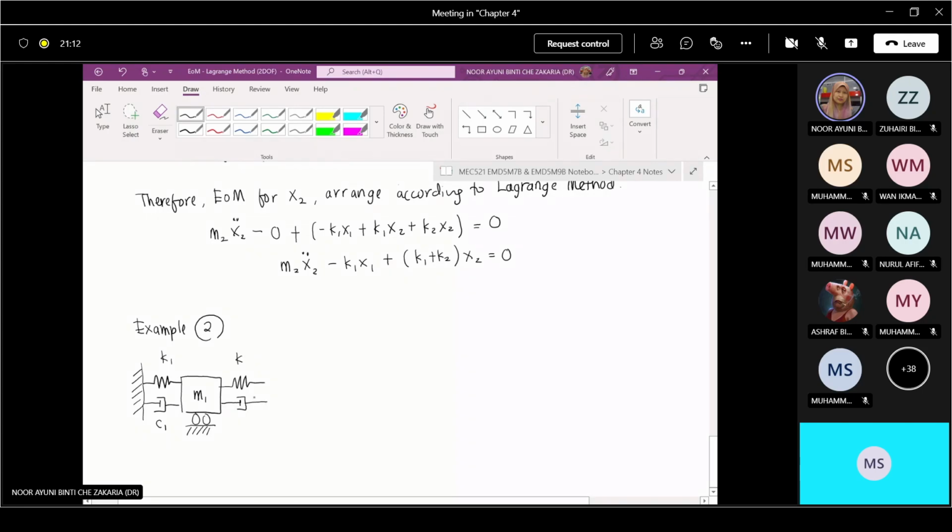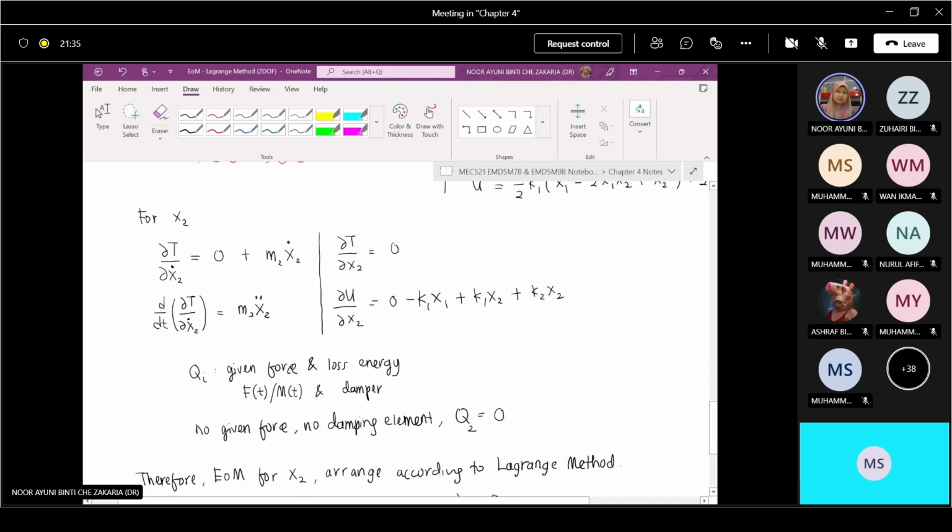K2 C2. C3 K3. A little bit different. So this is example 2.